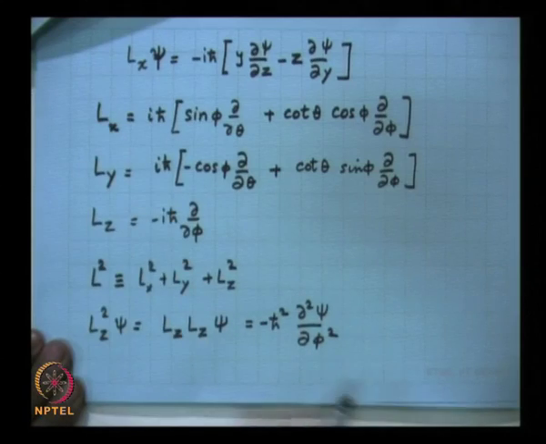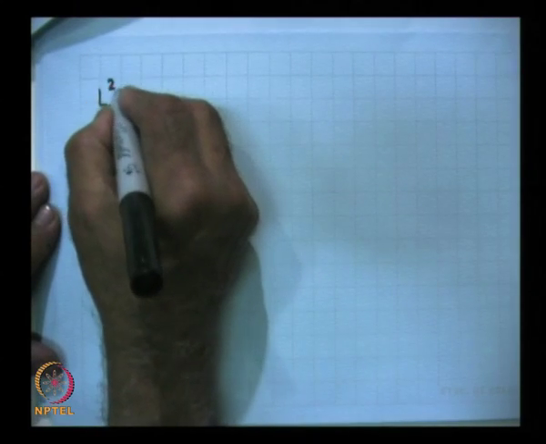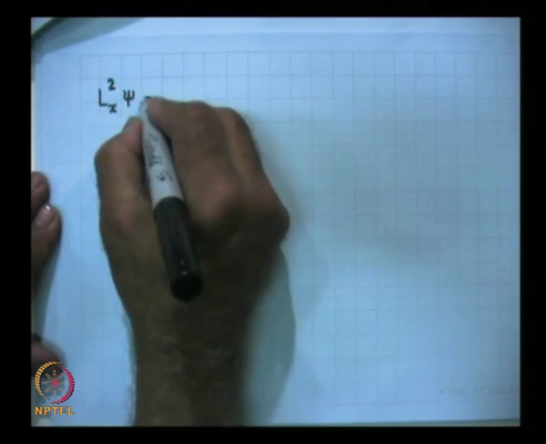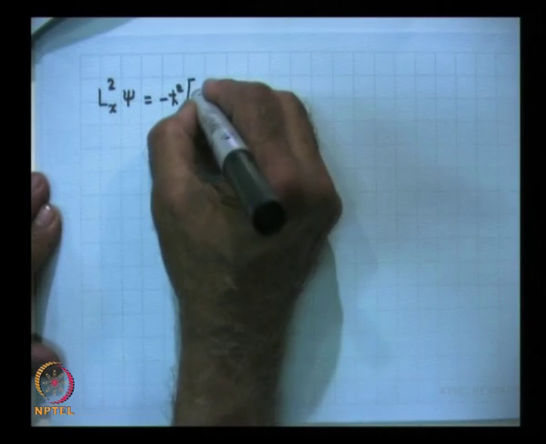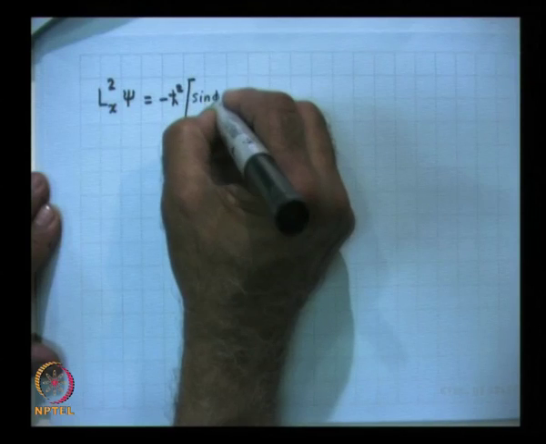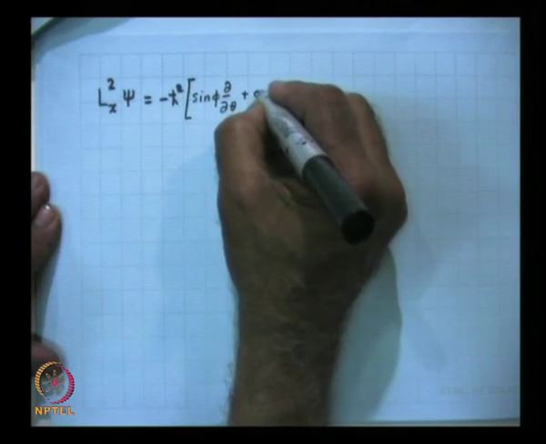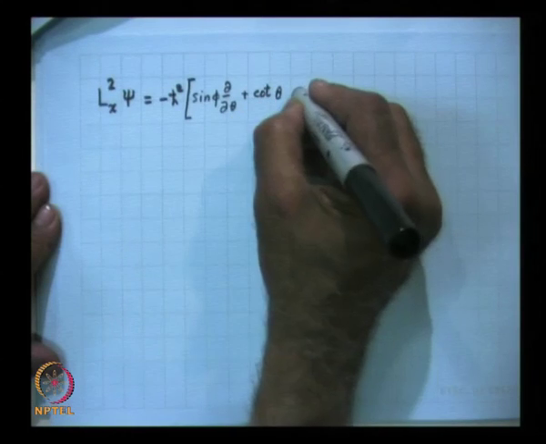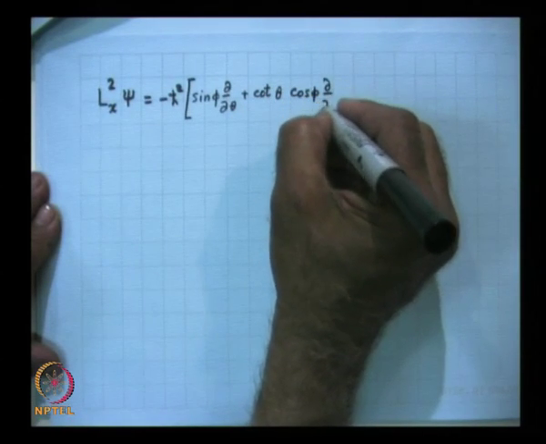But for others it is not that simple, but fairly straightforward. So, Lx square psi, I will just write down the expression, will be equal to minus h cross square, and then you will have sin phi delta by delta theta plus cot theta cos phi delta by delta phi.